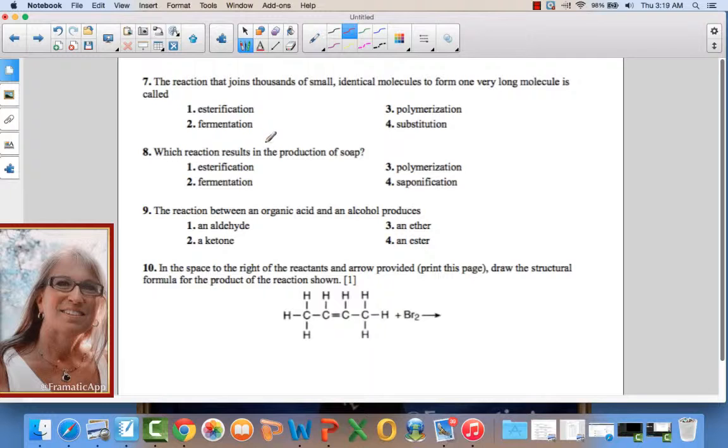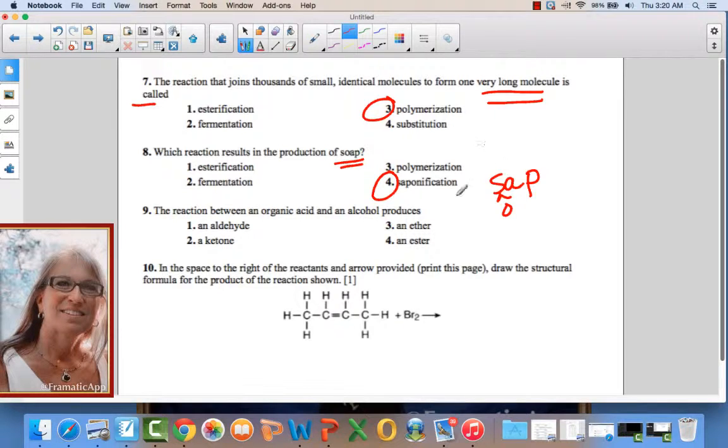The reaction that joins thousands of small identical molecules to one long molecule is called polymerization. Soap. You have to memorize. Soap is saponification. Saponification, if you slip that O in there, S-O-A-P, soap.